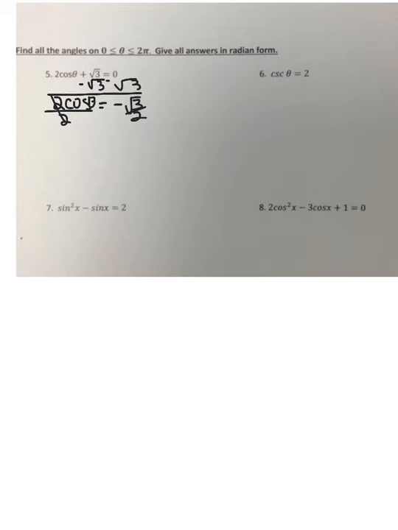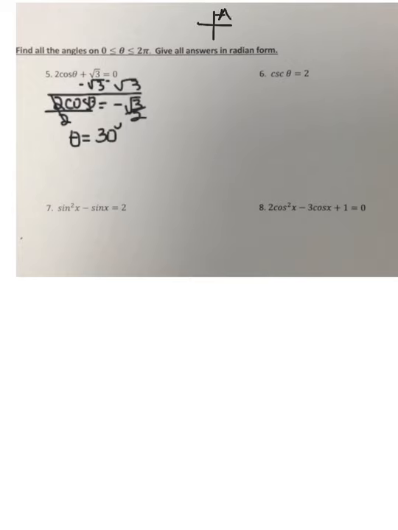Well, I know the angle whose cosine is radical 3 over 2 would be 30 degrees. However, because I have this negative right here, that tells me that my cosine is in the second quadrant and the third quadrant, because all students take calculus.